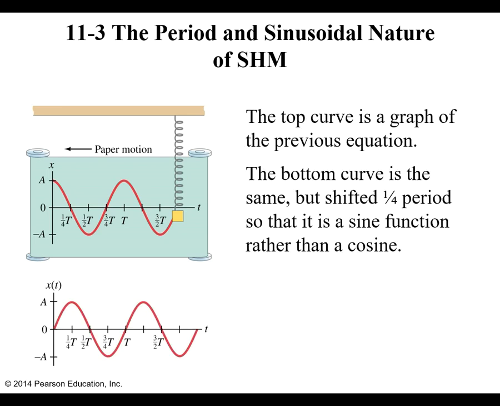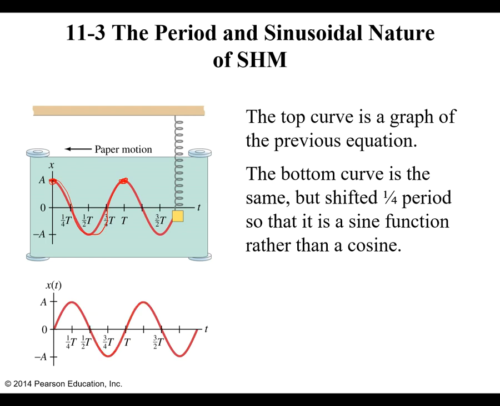Now, I want you to notice something here. If you wanted to, you could shift the curve by a quarter period. So, whereas you started at a maximum up here and ended at a maximum at period T, we do that a quarter of a period later in the second graph.